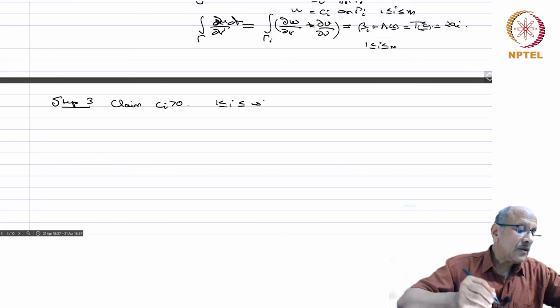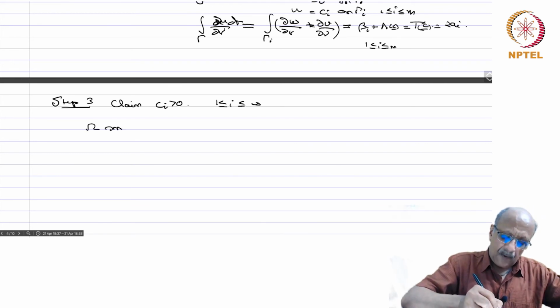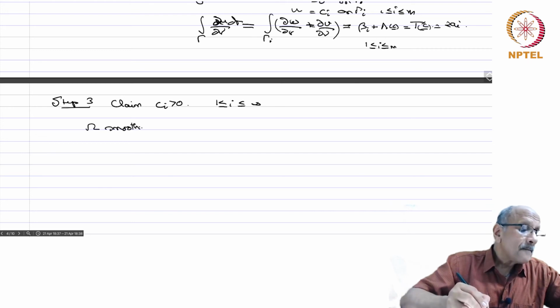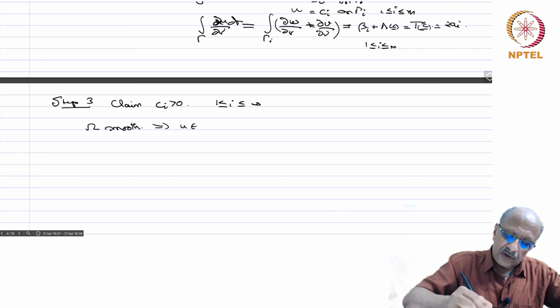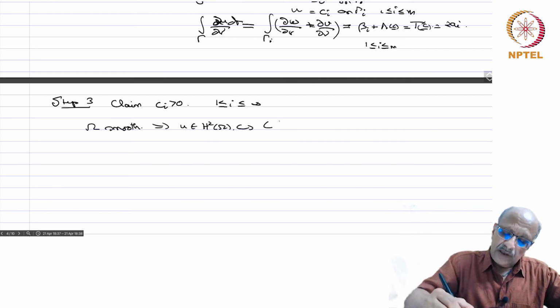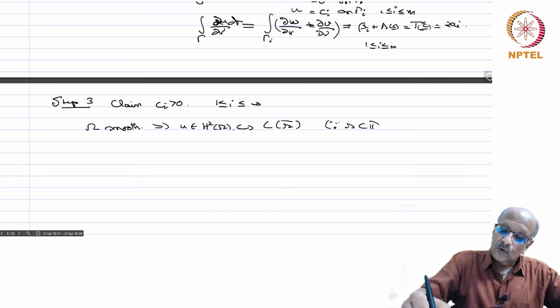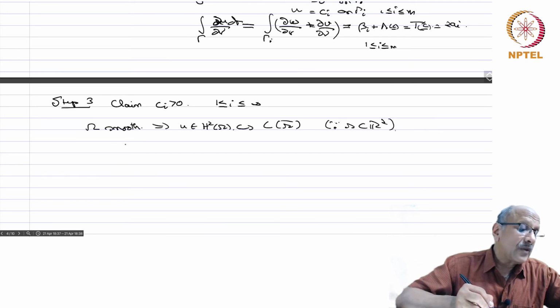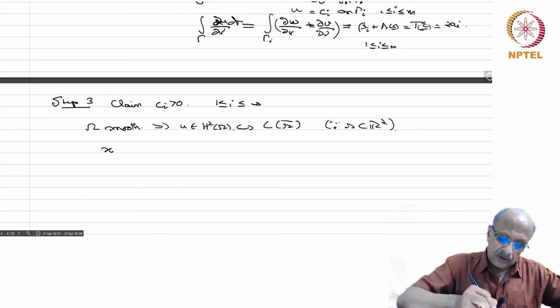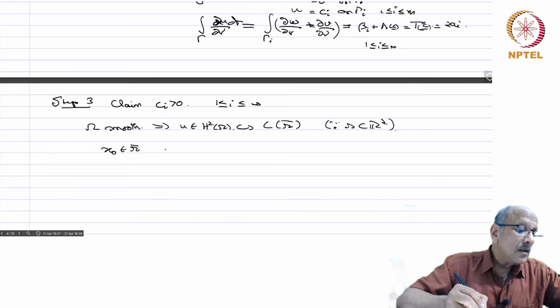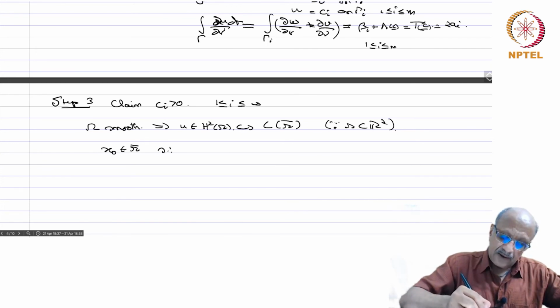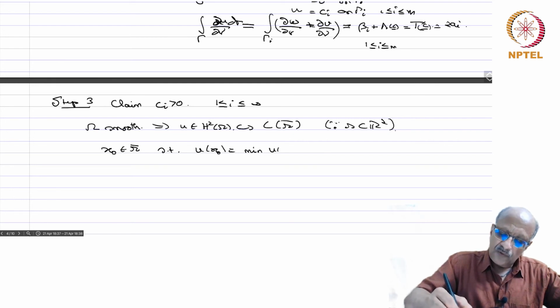Okay, so let omega be smooth enough. So this implies that u is in H2 of omega, and that will be in C of omega bar, since omega is contained in R2, by the Sobolev embedding theorem. Okay, so then if you take x naught in omega bar such that u of x naught equals minimum of u of x in omega bar.